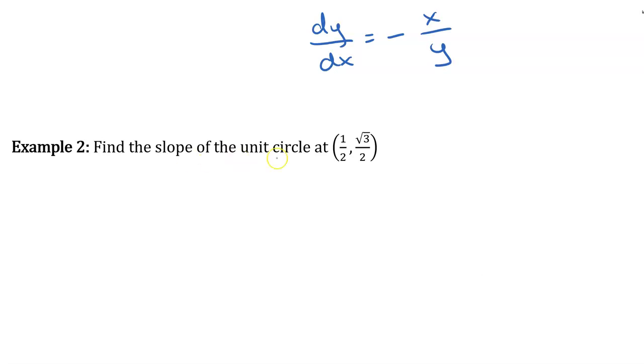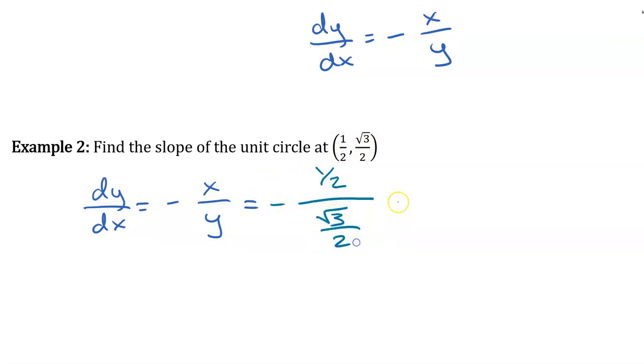So if we want to find the slope of the unit circle at a specific point, well, the derivative is the slope. So if our dy dx is negative x over y, and then substitute, we get negative 1/2 over the square root of 3 halves, so that would be negative 1 over the square root of 3, the 2's would cancel, right?